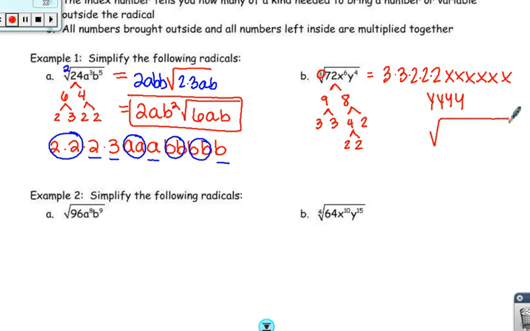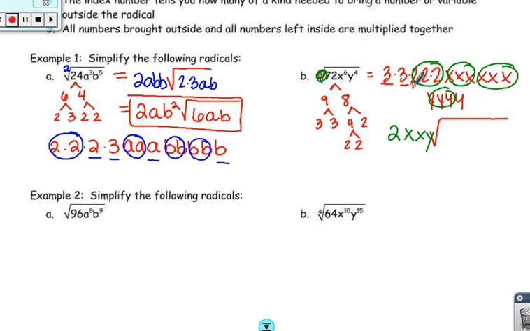So who gets to go outside? Who gets to stay in? On this one, we said we need groups of 3 to get to go out. Here's one group of 3. Here's one group of 3. Here's one group of 3. One group of 3 on the y's. Who doesn't have a group?